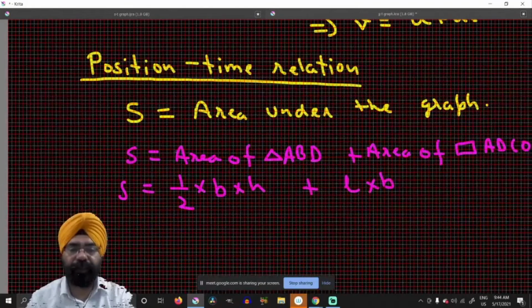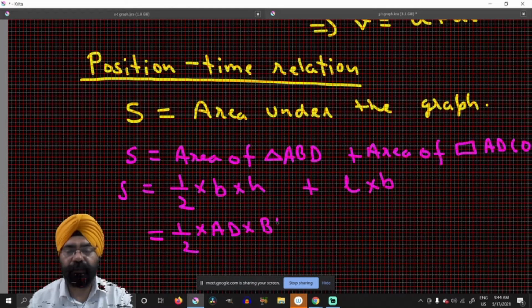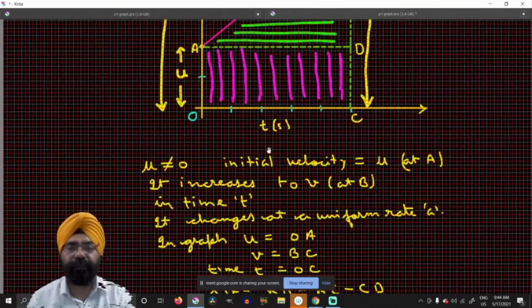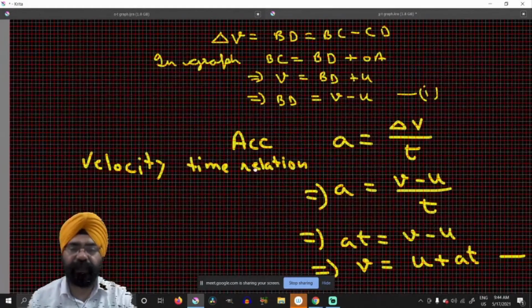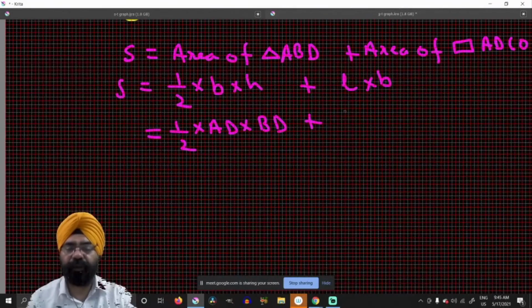So it becomes half into AD into BD. Now the length and the breadth: the length is OC and the breadth is DC, so it becomes OC into DC.